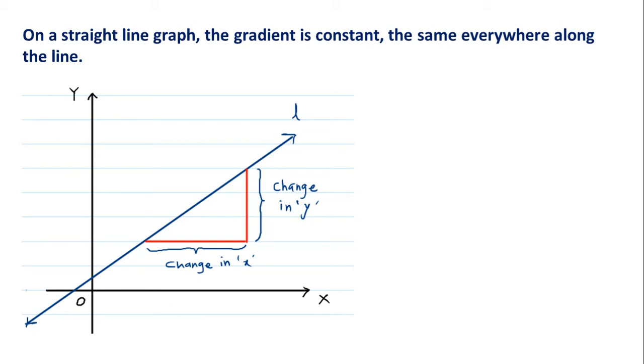And if you select any 2 points on this line L, then always you will get the constant slope. So we can write this here as straight line is equal to always constant gradient. Okay, so we know the procedure how to find out the slope of given straight line.